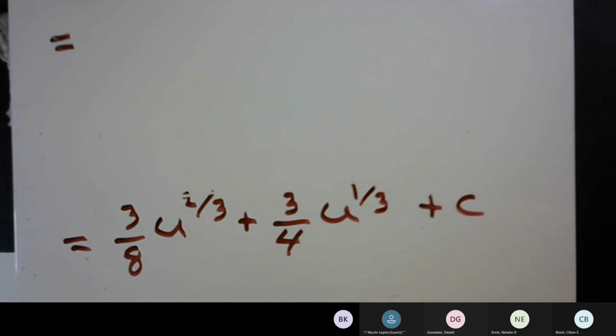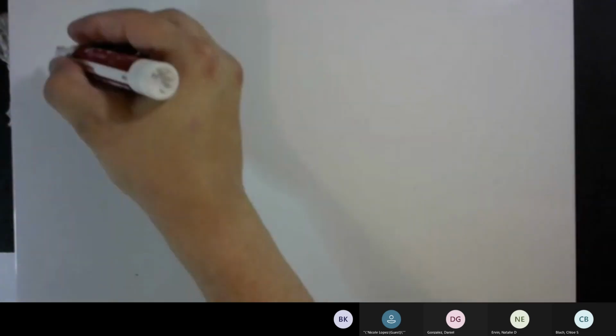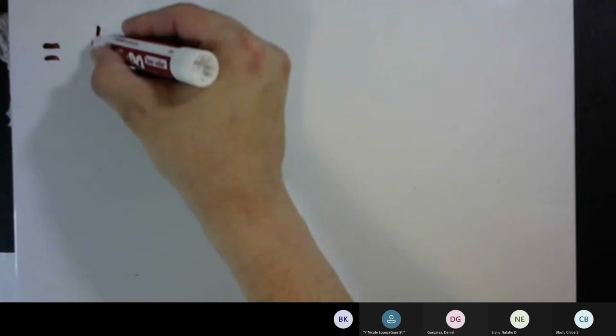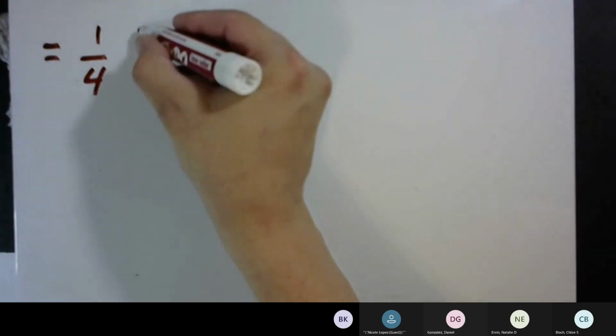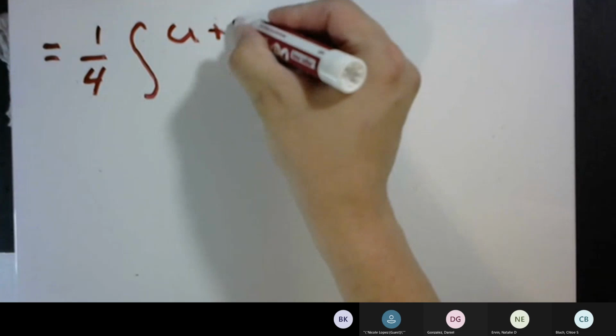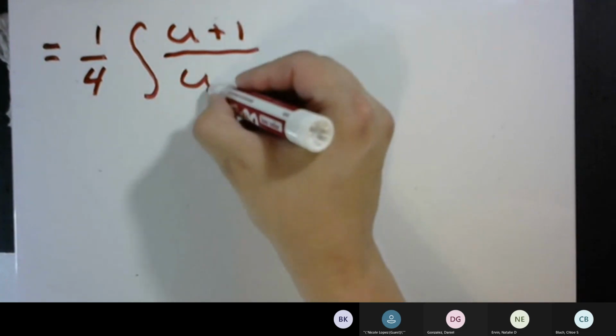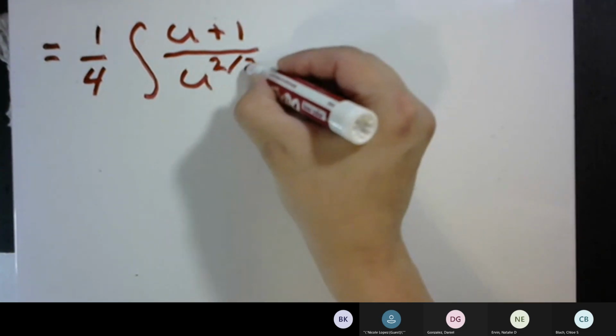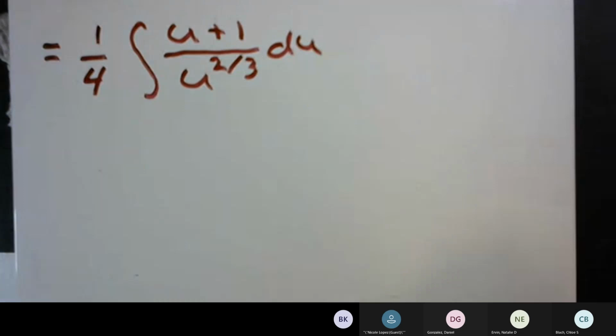Oh, I see what it is. I apologize. I got a minus sign in the wrong place. Let me back up. There's a minus sign in the wrong place in my notes. I don't want to give you the wrong answer. Yeah, something there didn't look right.